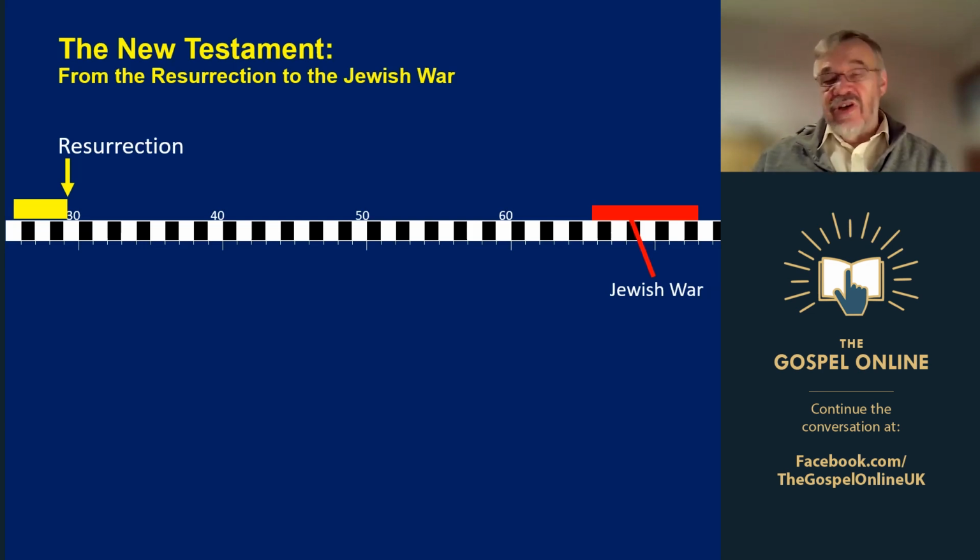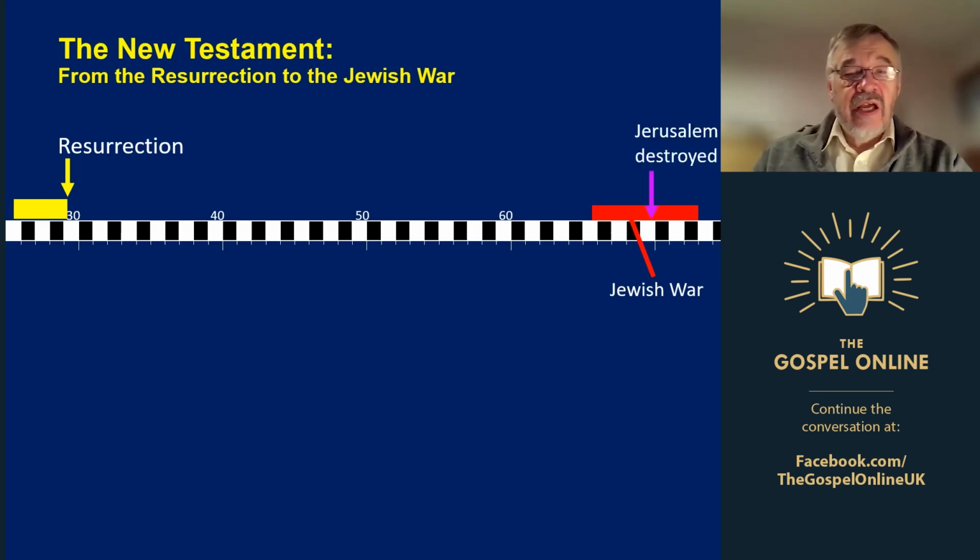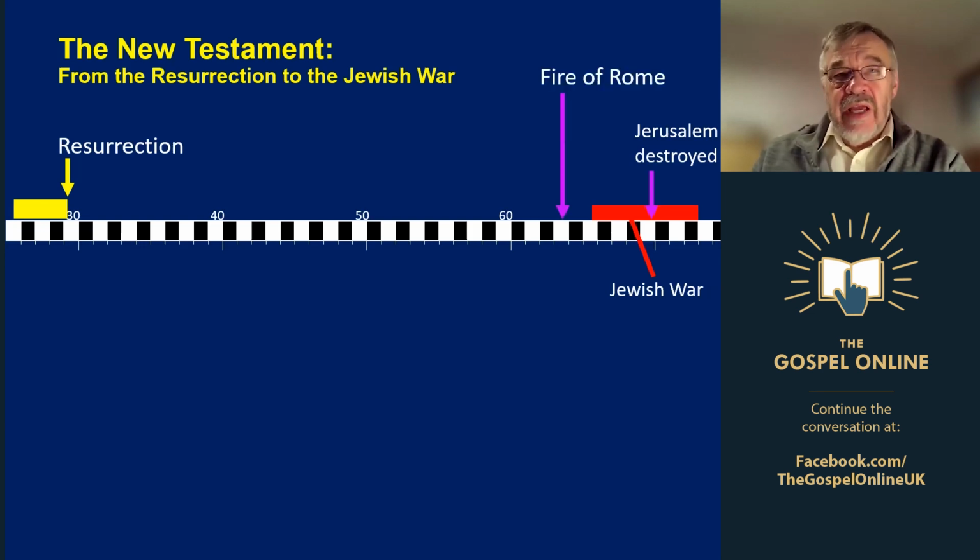It lasted from 66 AD to 74 AD, and right in the middle of it, in 70 AD, Jerusalem was thoroughly destroyed, and the temple was destroyed with it. In fact, not just Jerusalem, but the war went out over the villages and towns of the area, and most of them were destroyed.